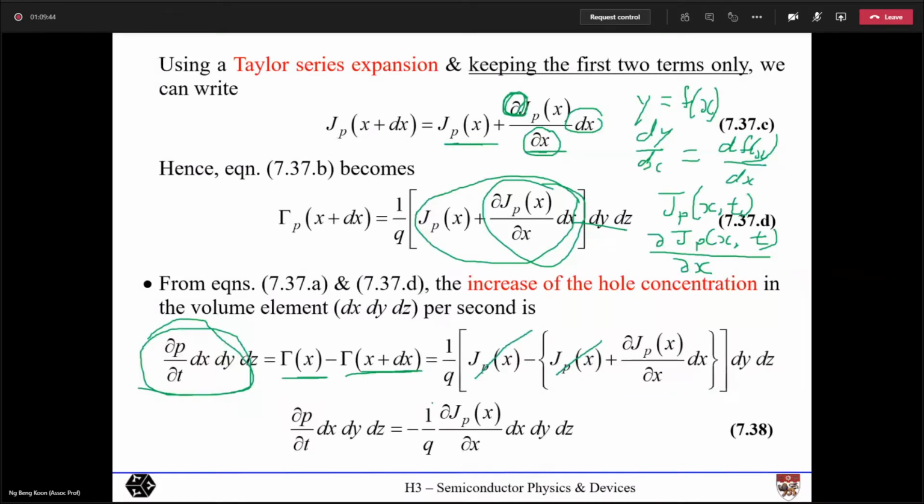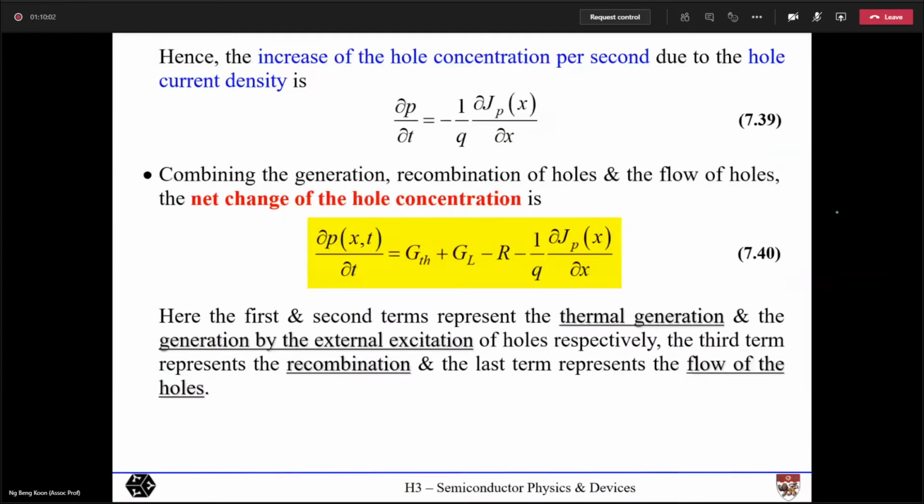What you have left on the right hand side is 1 over q, the partial derivative of the current density with respect to x, and then you have your dx, dy, dz. These three terms are really the same as the three terms on the left, so we can get rid of them. That leaves us with this very simple form, where the rate of change of the hole concentration with respect to time is equal to the derivative of the current density with respect to position.